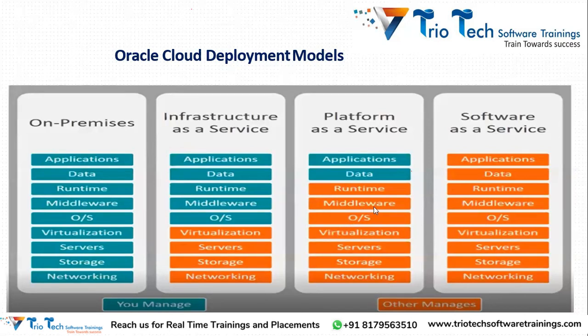What do I mean by applications and data being managed by the client themselves? They can develop their own custom applications in the platform as a service. And the underlying data that comes up as part of the application usage can again be managed by the client themselves.